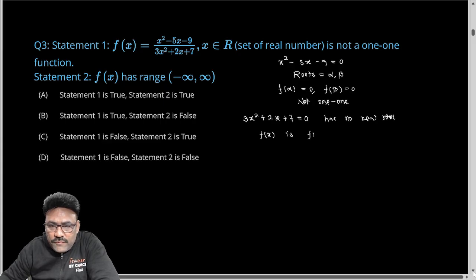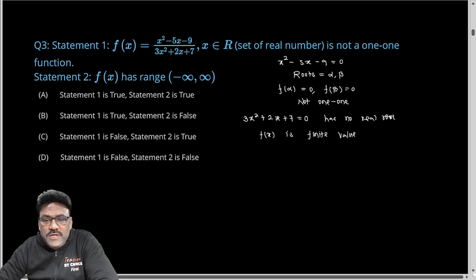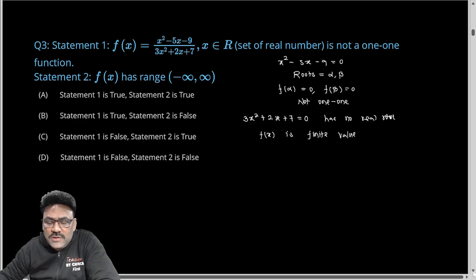It always gives you a finite value, because a ratio can be infinite only when the denominator approaches 0. But here the denominator can never be 0. So the function f(x) can never approach infinity. It will always be a finite value, which means the function cannot approach infinity or minus infinity.